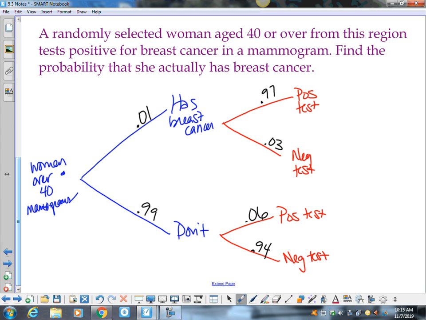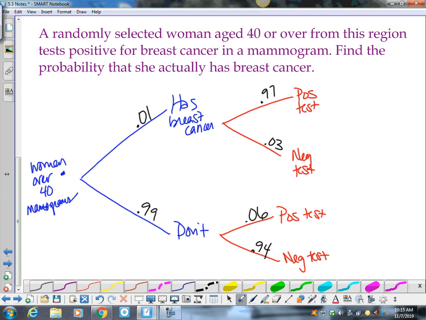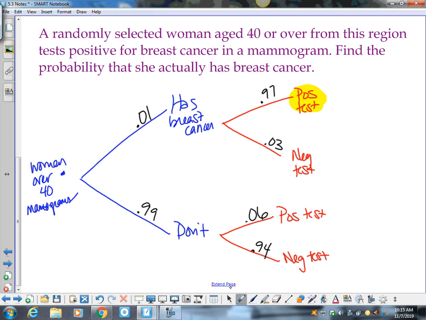It says a randomly selected woman age 40 or over from this region tests positive. So I know that she tests positive. So this has happened or this has happened. Find the probability that she actually has breast cancer. Okay, so you have to decide, is this an and or is this a given?